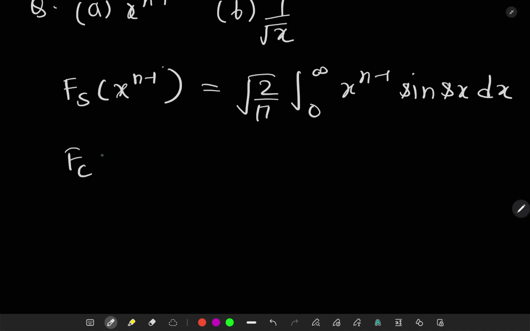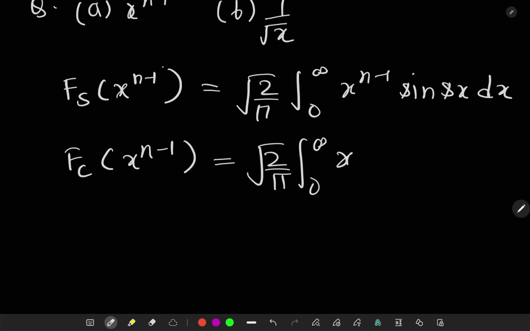Similarly, for Fourier cosine transformation of x raised to power n minus 1 equals root 2 by pi integral 0 to infinity x raised to power n minus 1 cos sx dx.